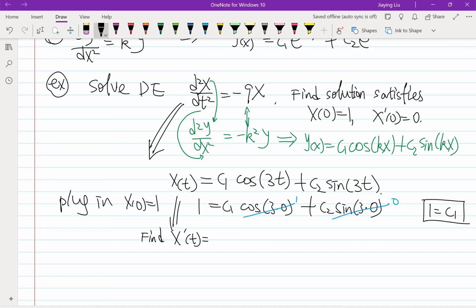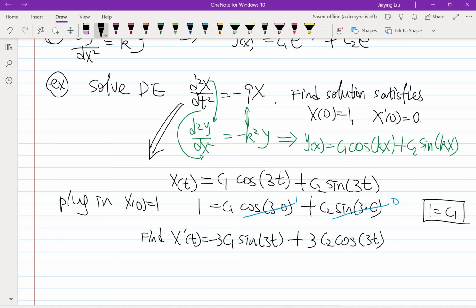So find x prime of t first before we can plug in. So just take the derivative. That's going to be C1 cosine is negative sine, so negative sine 3t, and the 3t will give me a 3 in the differentiation process, plus C2 sine will give me cosine 3t, which will give me a 3. So that's the derivative from the general equation.